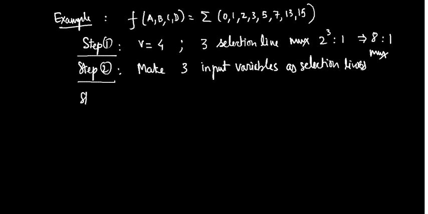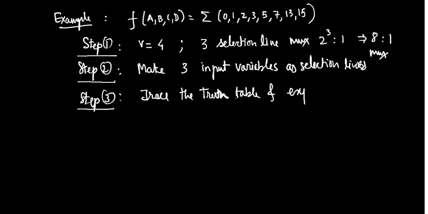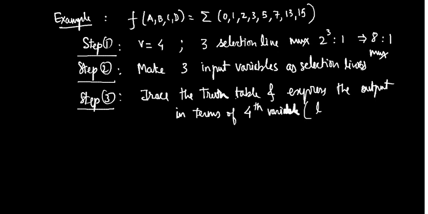Step 3: trace the truth table and express the output in terms of the 4th variable, or the leftover variable, or 0 or 1.